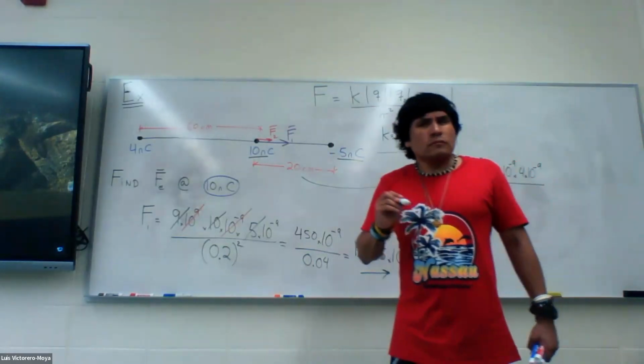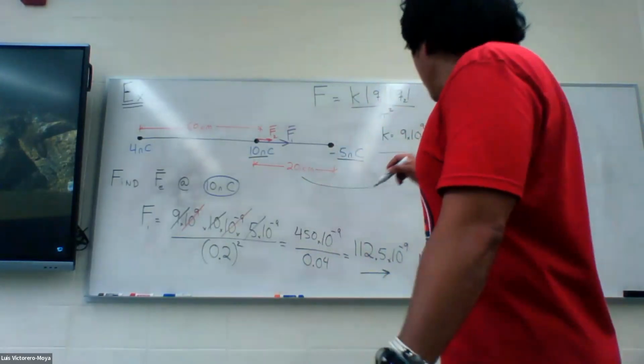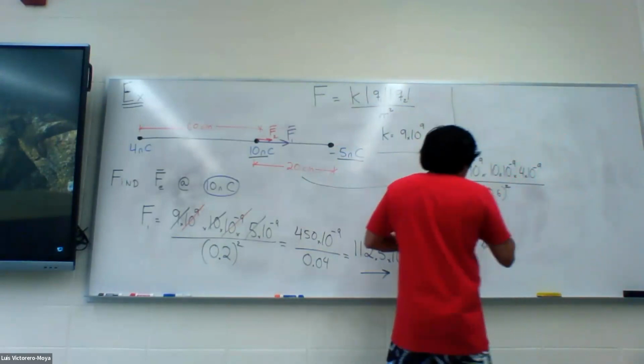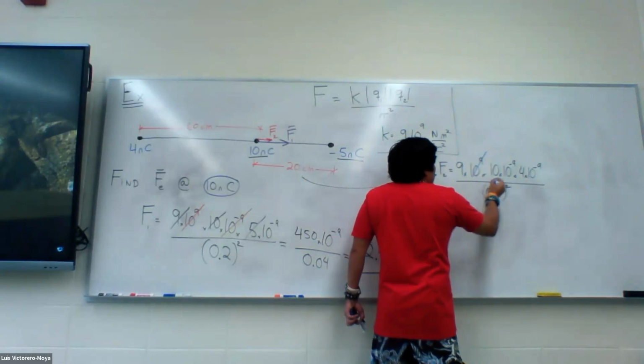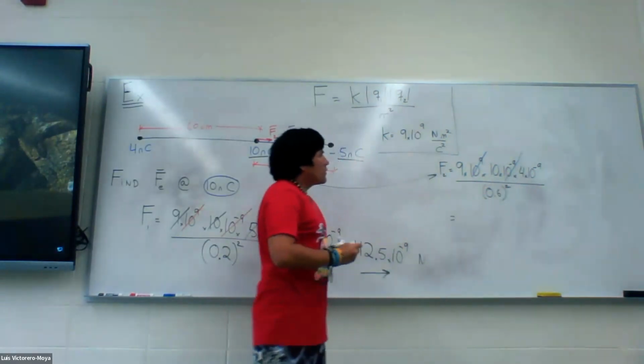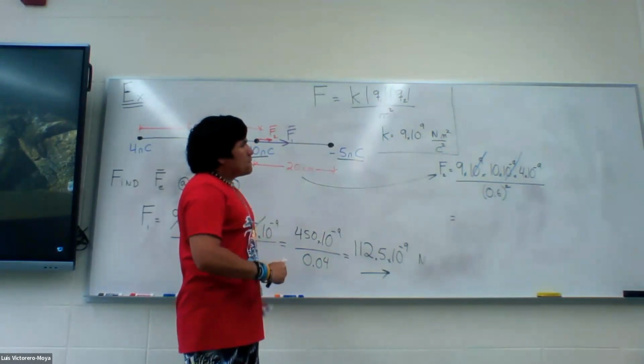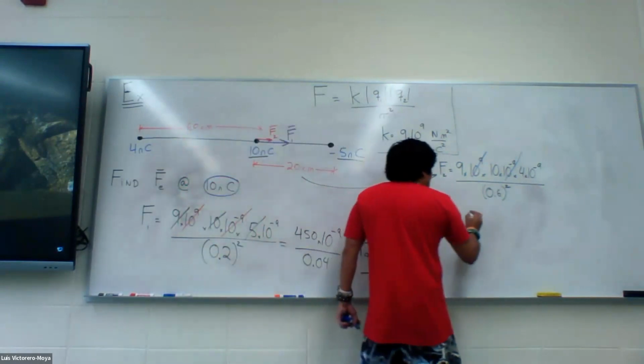Now, I will just simplify this. 4 times 10 is 40, times 9 is 360.